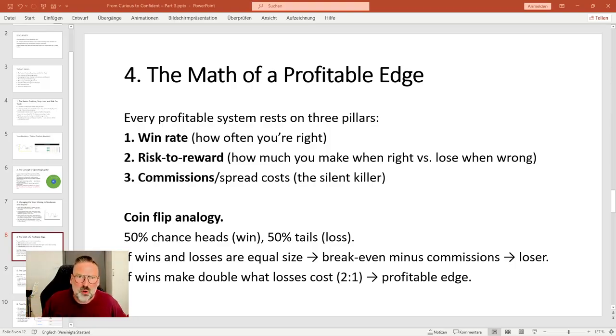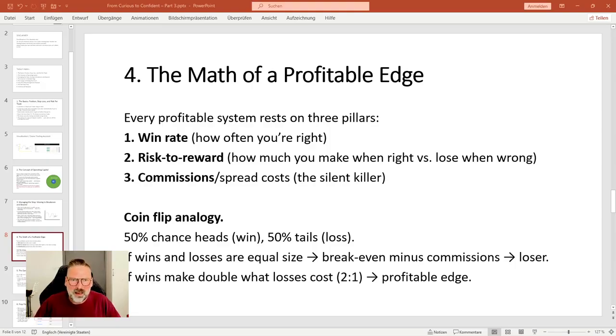When tails comes, you lose 10 bucks, right? And now you flip it. Oh, lost. And won. Wow, cool. So, what happens now? Obviously, you still need to pay commissions, right? So, even though you're technically break even on your system, you still lose money because every trade needs to be paid for.